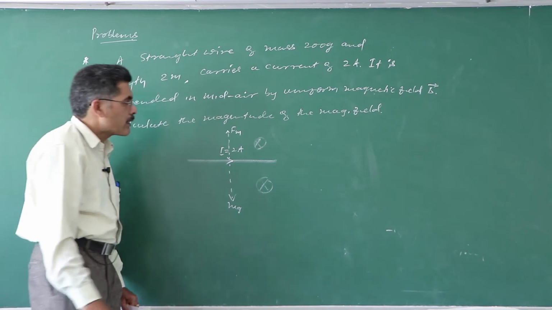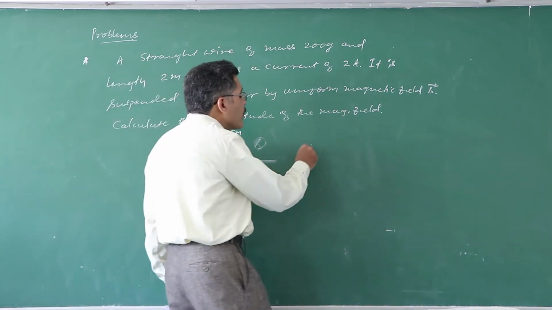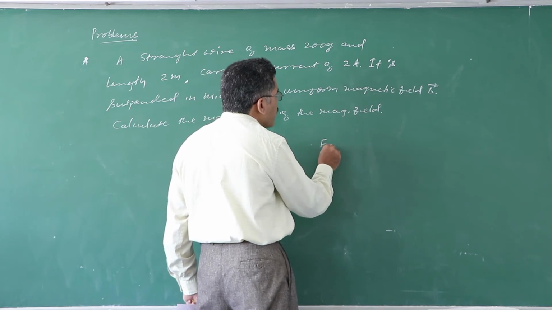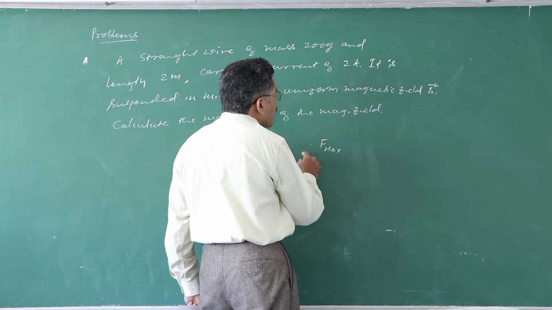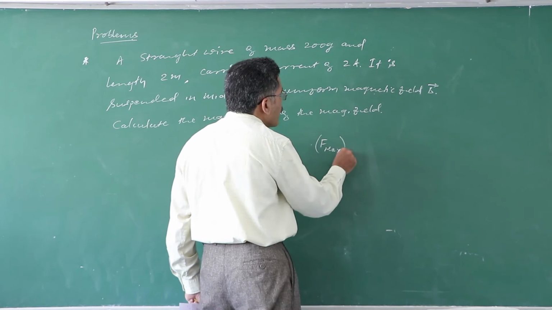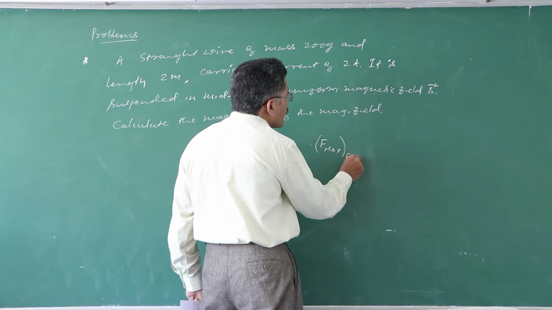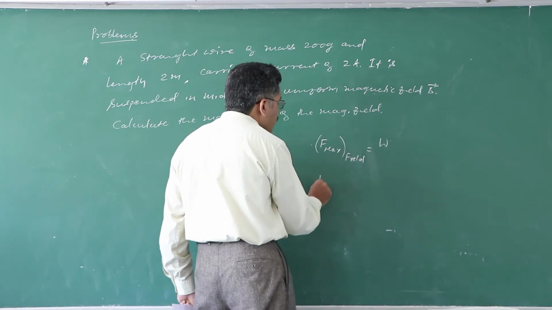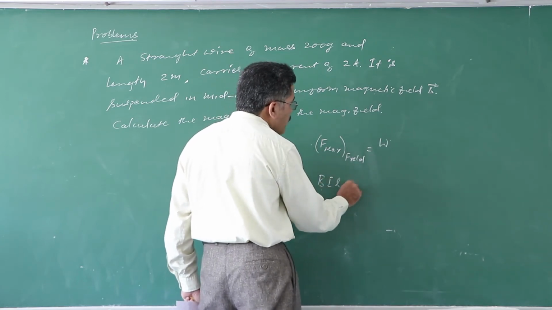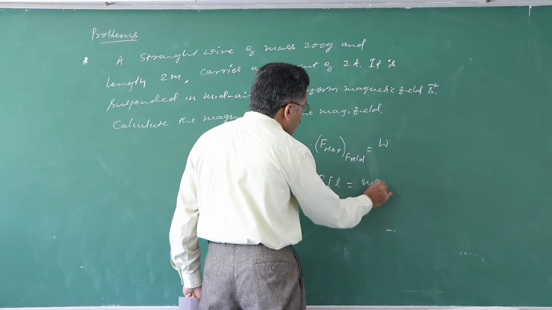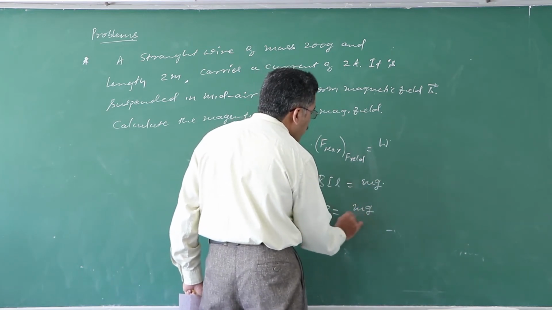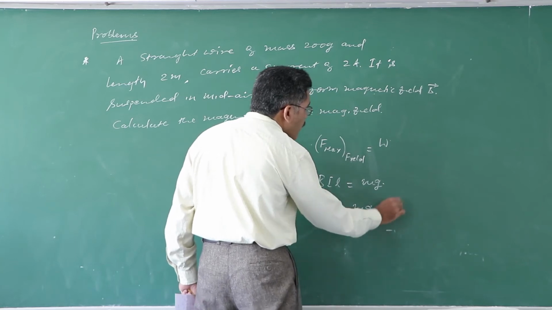They balance each other. What is the maximum force? F maximum due to field is equal to weight. BIL is equal to weight, mg. Therefore B is equal to mg divided by I into L.